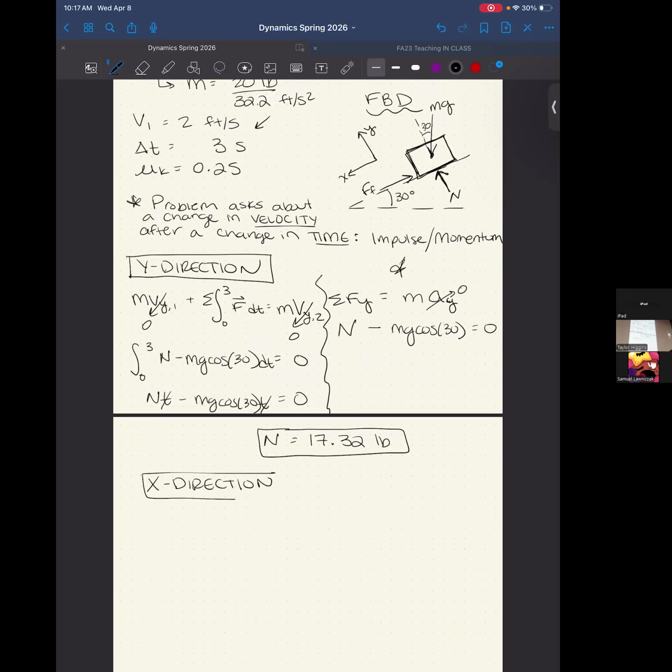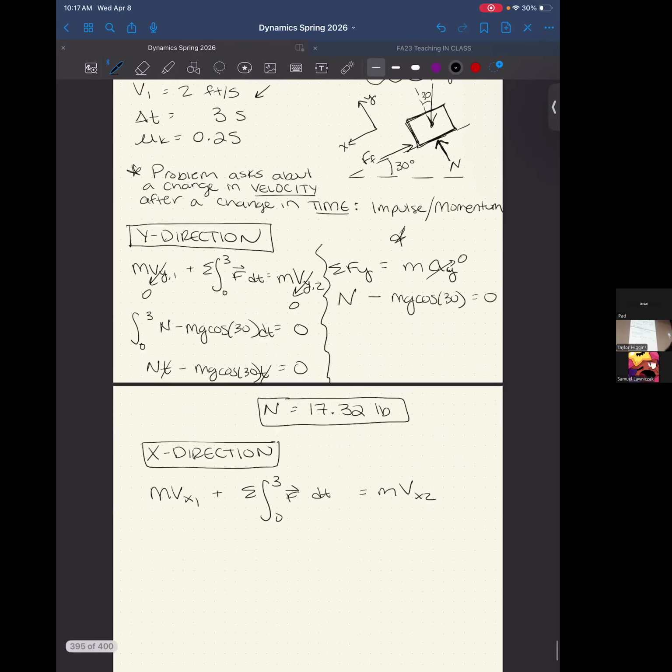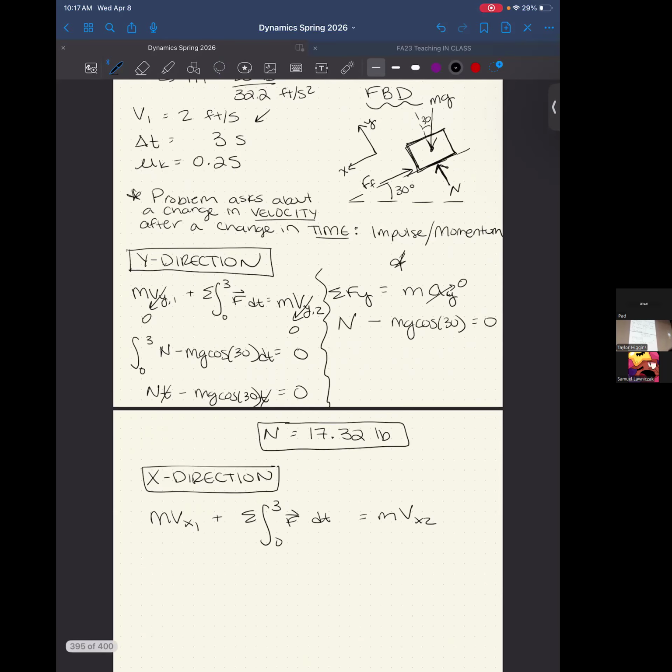Now we'll go to the x direction, where I have mvx1 plus the sum from 0 to 3 of F dt equals mvx2. Can fill out everything that I need here. So 20 over 32.2 times initial velocity in the x direction is 2, less the integral from 0 to 3 of everything in the x direction.